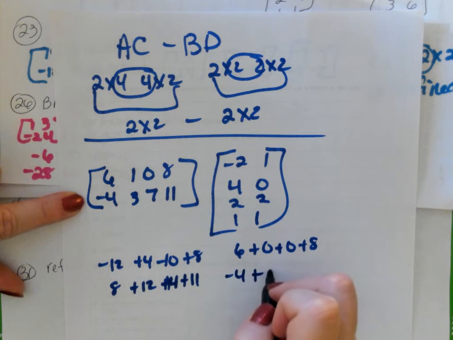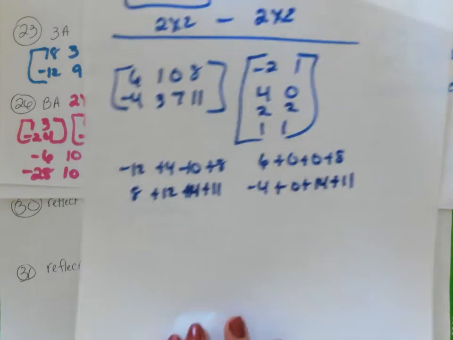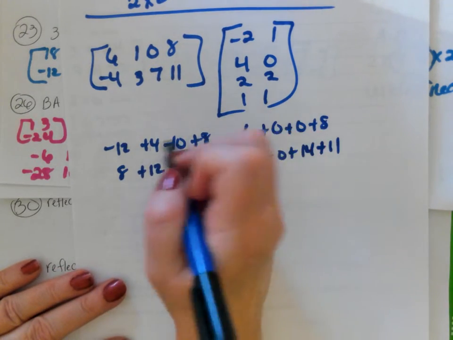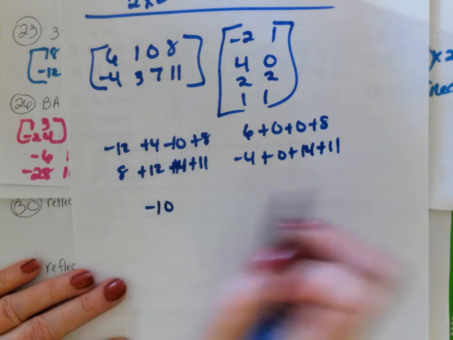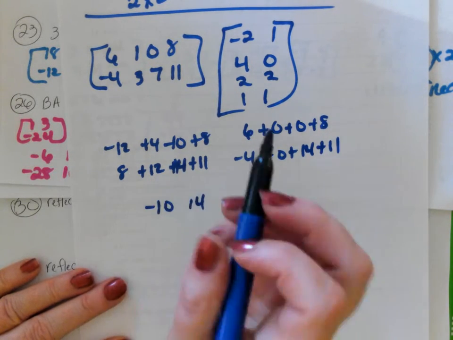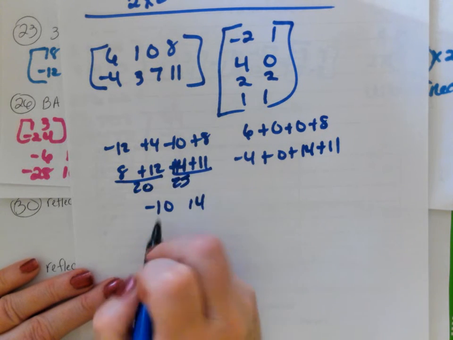Negative 4 plus 0 plus 14 plus 11. Okay, so do a little quick math here. That makes 12, so that's negative 10. That's 14. That's 20. That's 25, so this is 45.